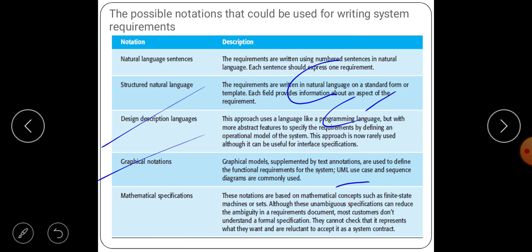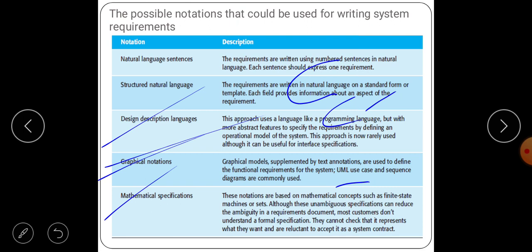Okay, means nothing but we are going to represent the requirements using diagrams. In diagrams, you are using some symbols or notation, arrows like this, and you are going to explain the requirement in a diagram. That is graphical notation.